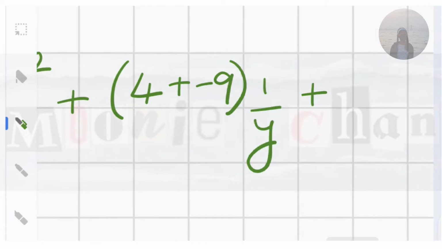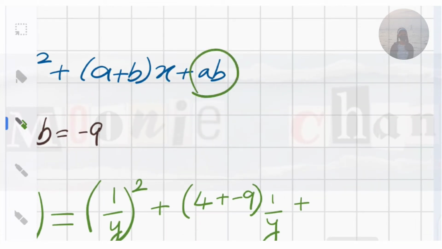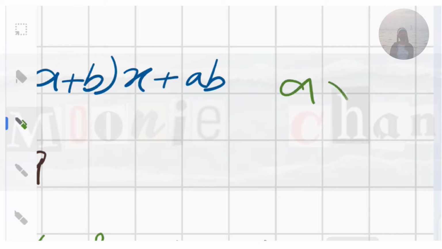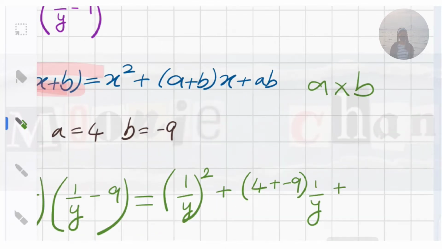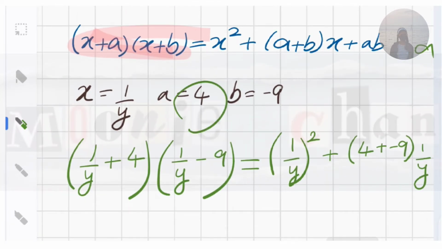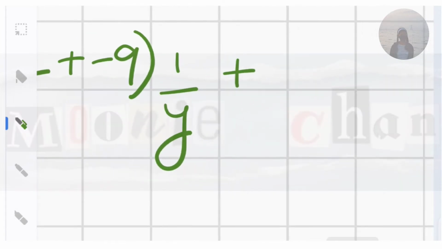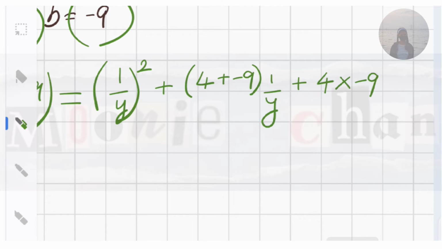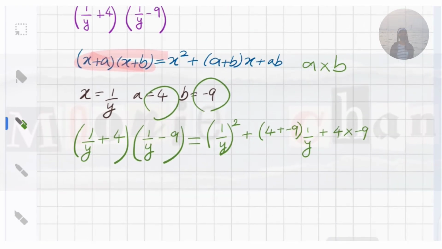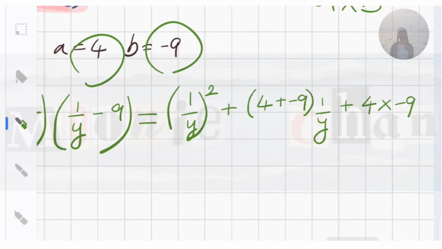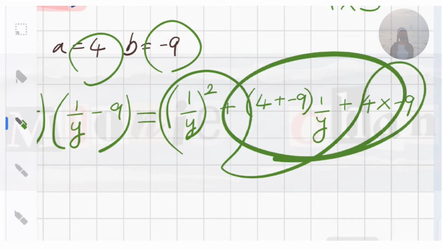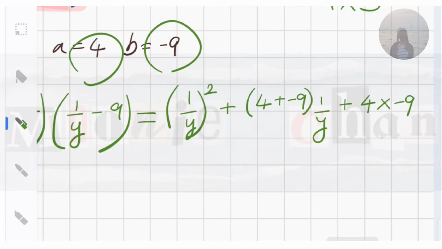Now lastly, ab. What does ab mean? It basically means a into b. What is a? A is 4 and b is negative 9. So we'll write 4 into negative 9. So that's it. That's the answer. No, we have to solve all these that we just wrote.